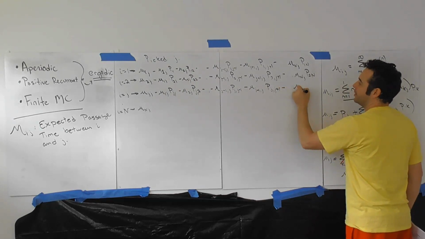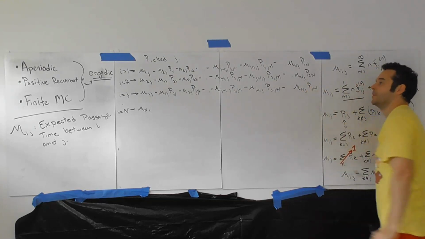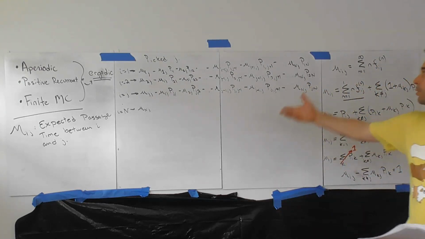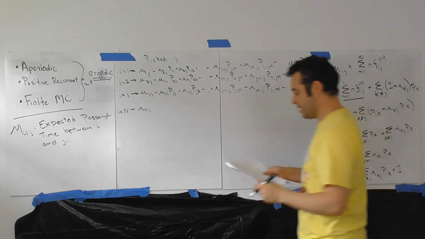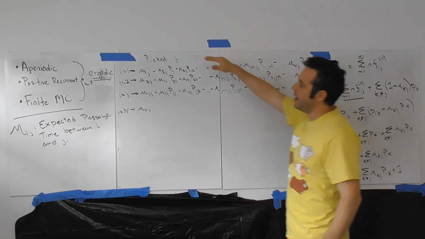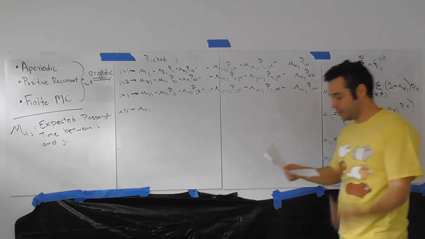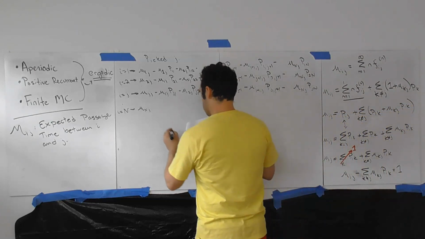And again, we write a whole bunch of stuff in between. Okay, so we got this big ugly equation. And again, we do this n times for every single state that we have, which is what we did before.